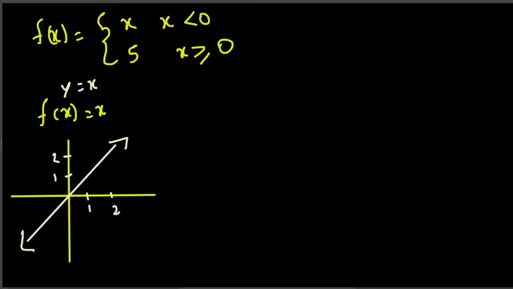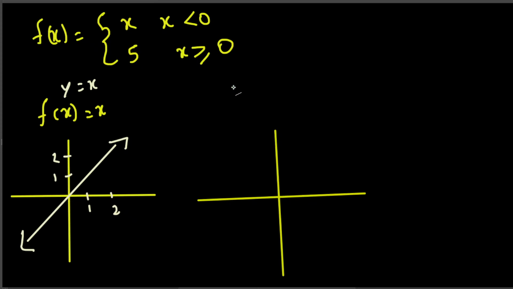And if I want to draw the f of x is equal to 5 graph, that's going to look something like this. So let's draw that one. Okay, 5 is going to be a straight line, when x is greater than 0, y is equal to 5.